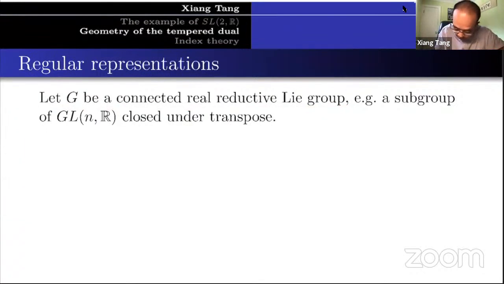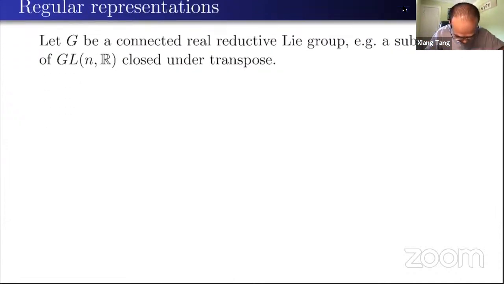You can just think of them as subgroups of the matrix group GL_n(R), closed under the transpose. And we also require them to be connected. So that's the type of groups we are going to focus on in this talk. These are the natural class of groups we'll consider.